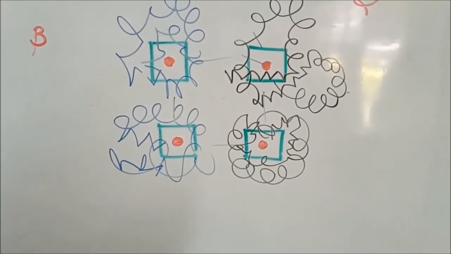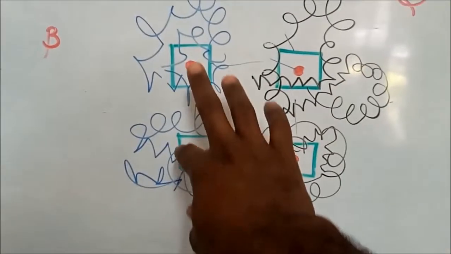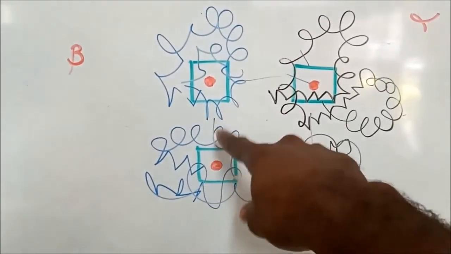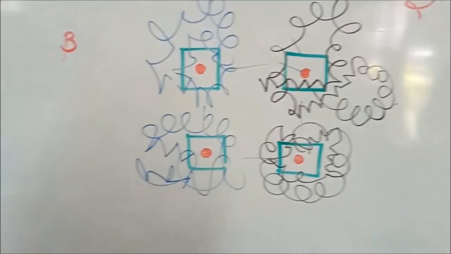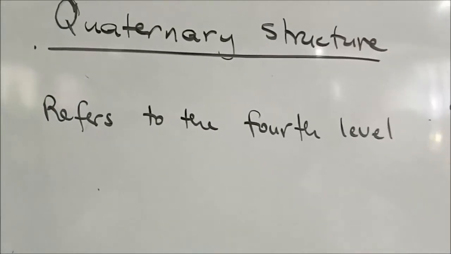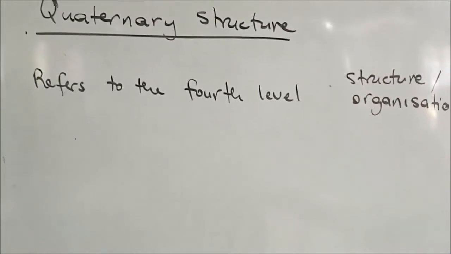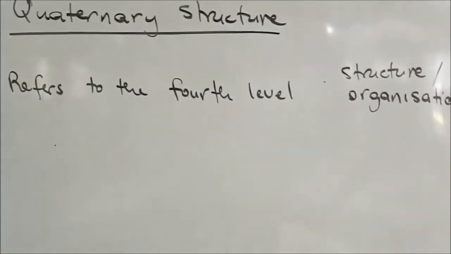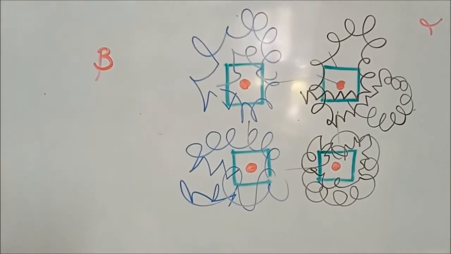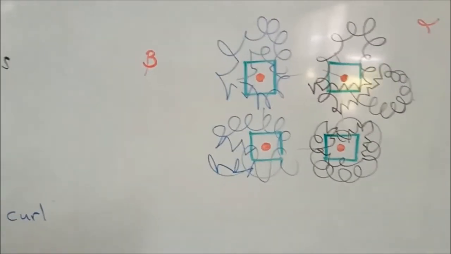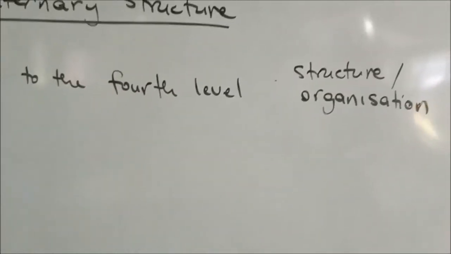Good. So because you have these polypeptide chains bonded together, once you have more than 1 polypeptide chain bonded together, then we shift from tertiary structure to quaternary structure. So quaternary structure really is just the fact that you have more than 1 polypeptide chain bonded together. You don't have to have 4. So just to reiterate, quaternary structure is just the 4th level organization.